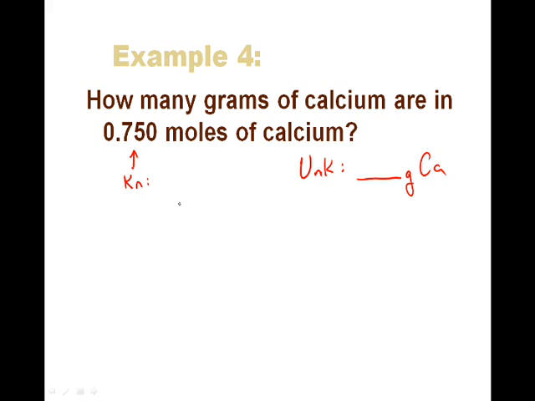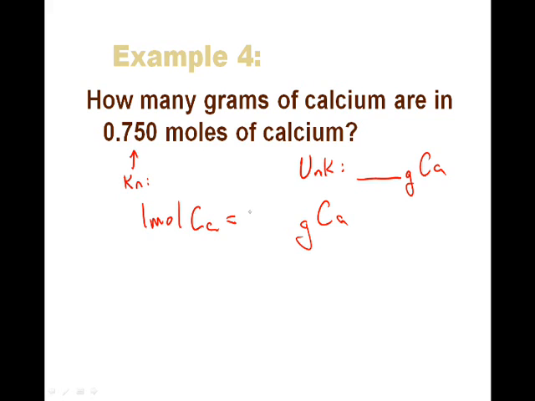Now remember, our conversion factor that we're looking for, we're going to get from the periodic table. 1 mole of calcium is how many grams of calcium? We have to go to the periodic table. Now wouldn't you know it, I'm sitting here without a periodic table.